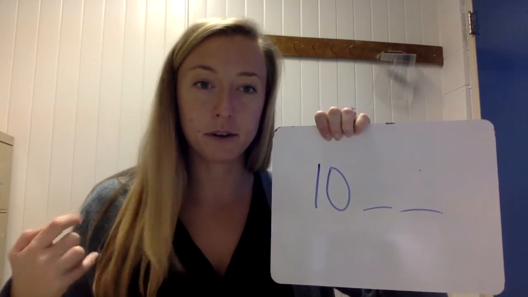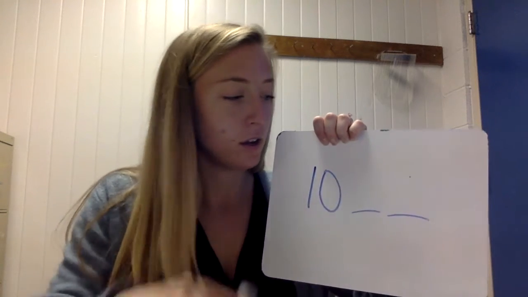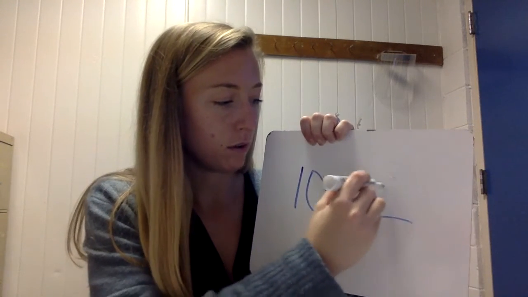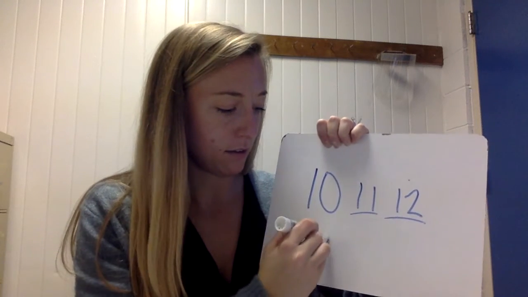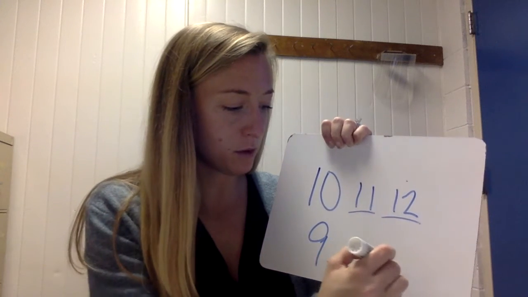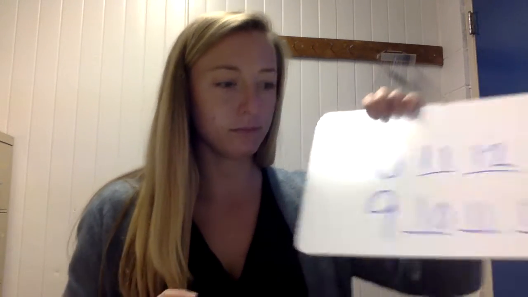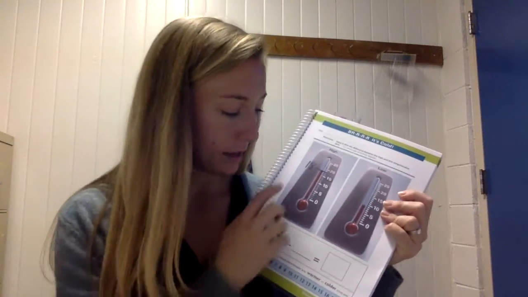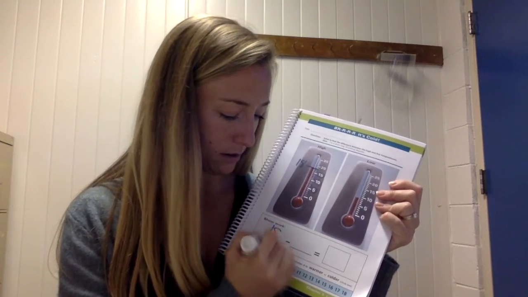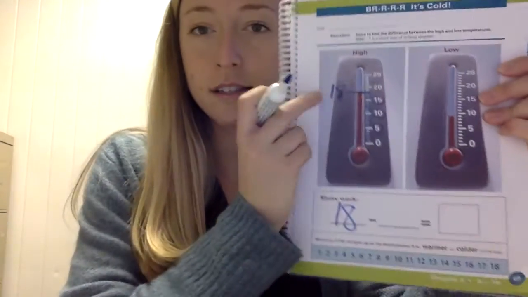We know all these numbers here, so it would be 10, 11, 12. We're just counting on. If we were at 9 and we had 3 more spaces, it would be 9, 10, 11, 12. All right, so here is 18, so that we put here because that is our highs.